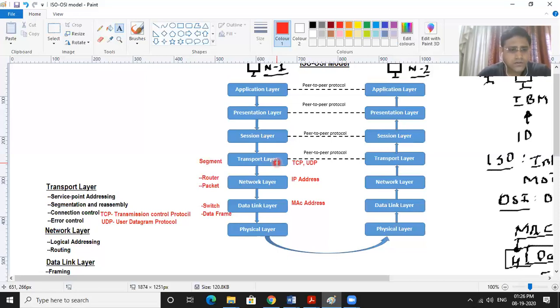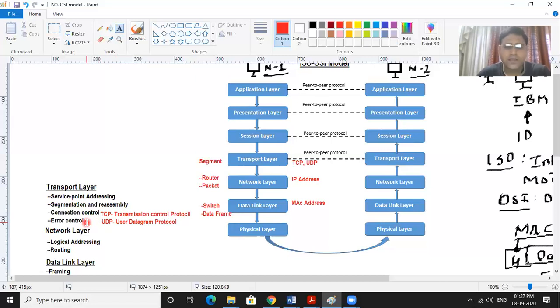So that is why we have this connection control. It will depend on which protocol the transport layer is using. If they are using TCP, it is more reliable than UDP.